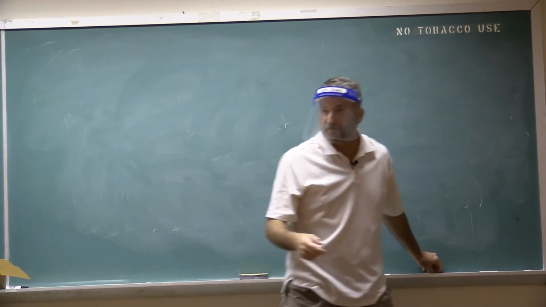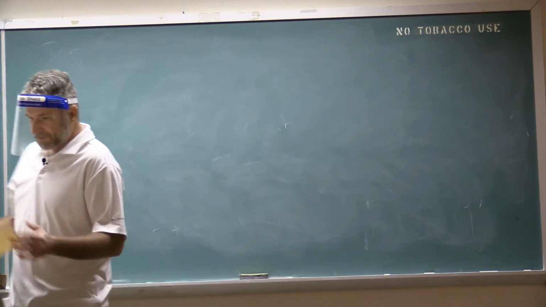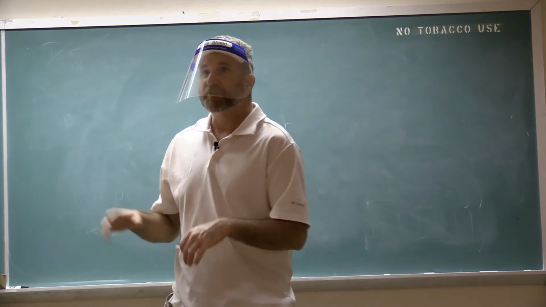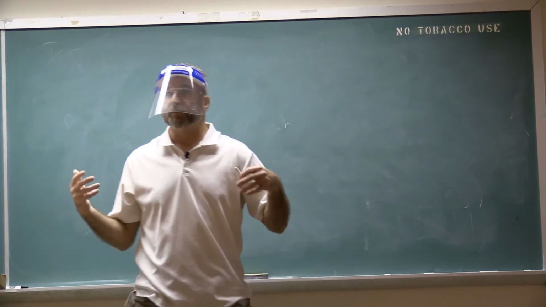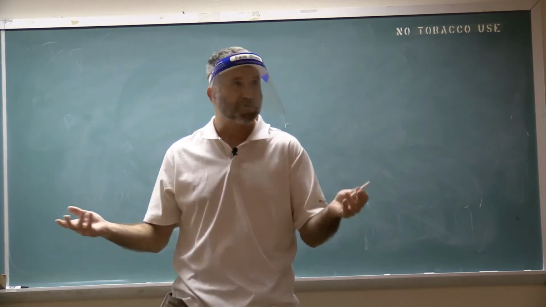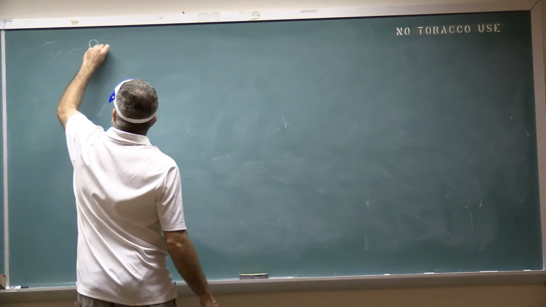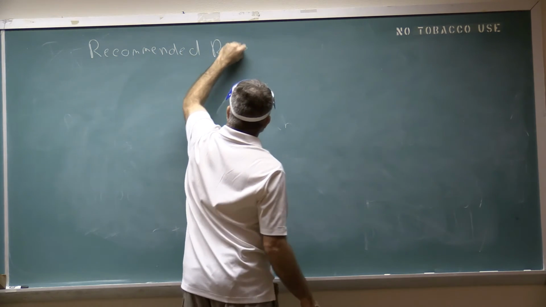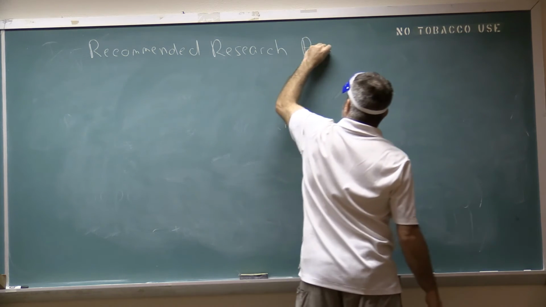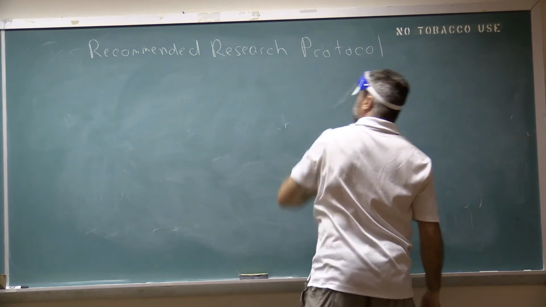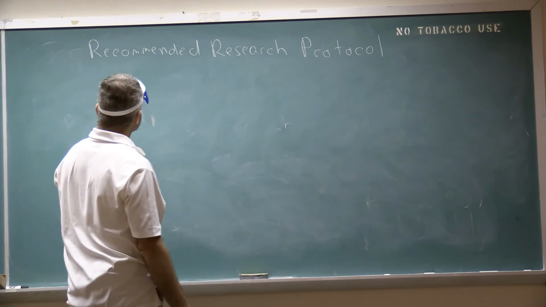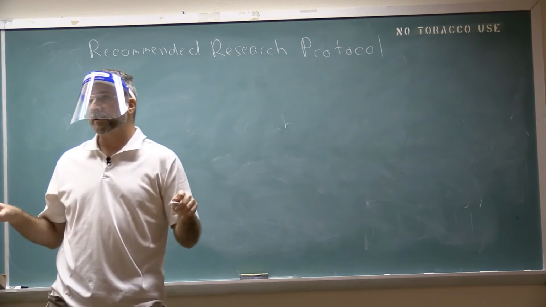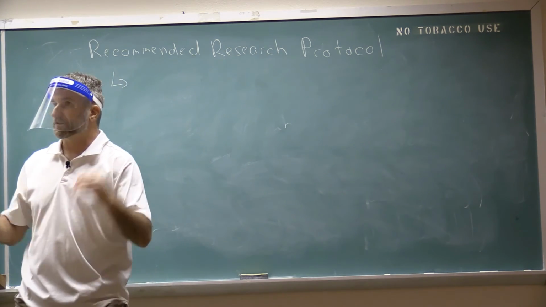So we have an intro, we've described the prototype, and so then you have the section on the recommended research protocol, we can say. Everybody likes papers with sections, to help you read it.